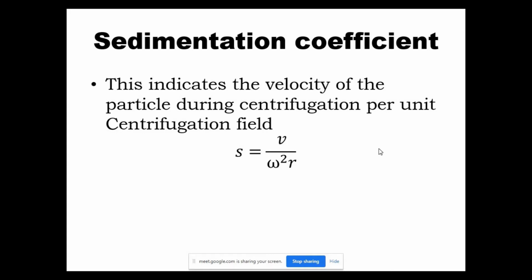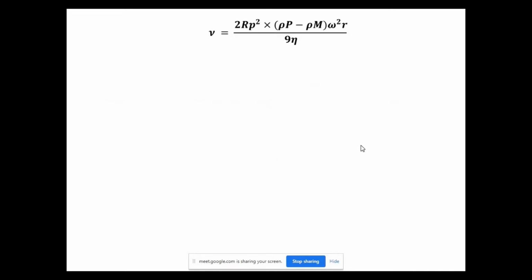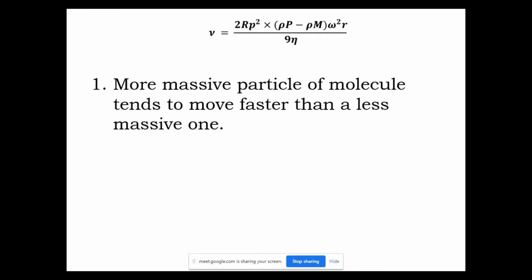If you centrifuge the RNA at a particular speed and measure its speed, and omega square r is already known, you will get a value, say 18. So you call it 18S ribosomal RNA.